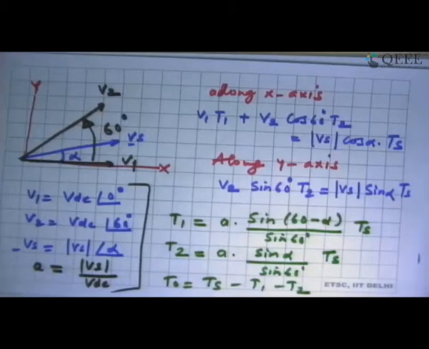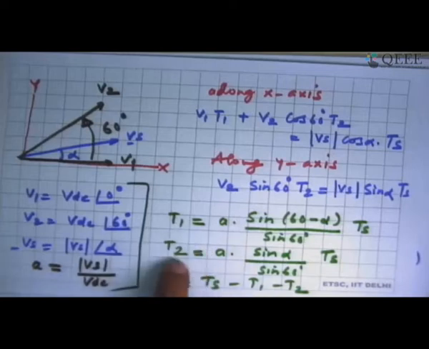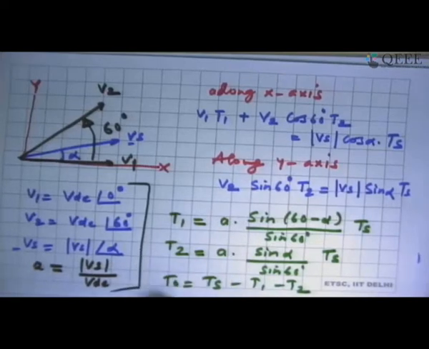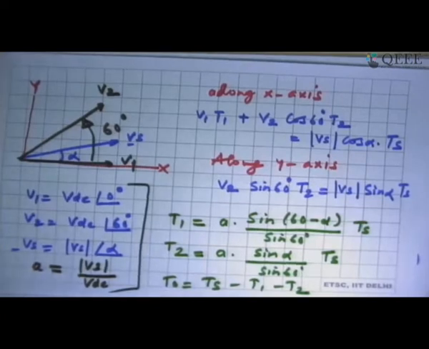So if we resolve all the vectors, that is the Vs vector, V1 vector and V2 vector, we'll get two equations, and it will help us to find what period of time V1 needs to be applied and what duration of time vector V2 will be applied, and the rest of the time should be given for the zero vector.